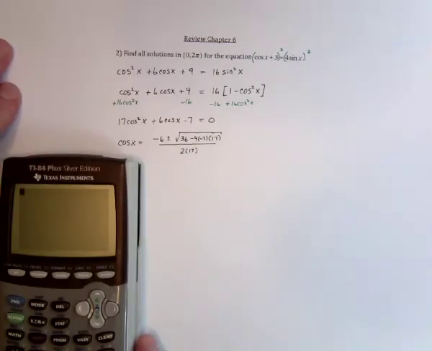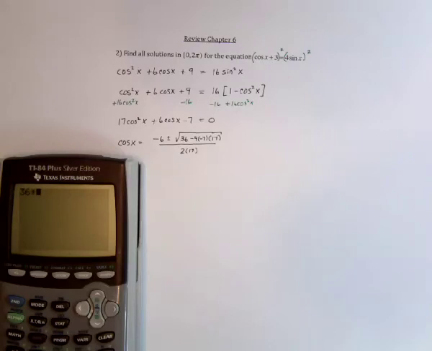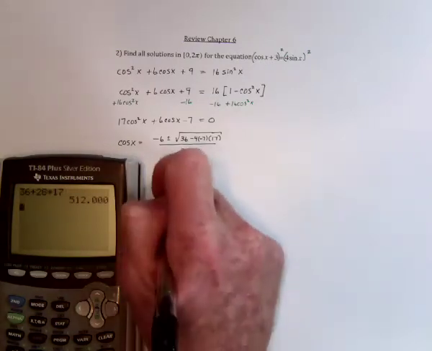So then in the radical, it's 36, and then 2 negatives will make a positive 28 that gets multiplied with 17, so the square root of 512.